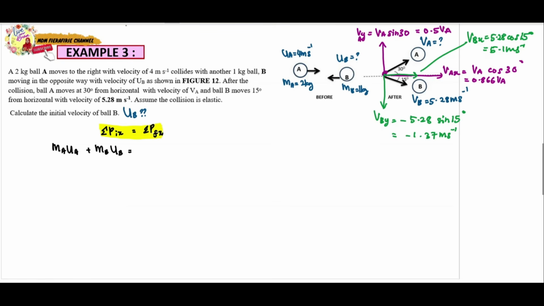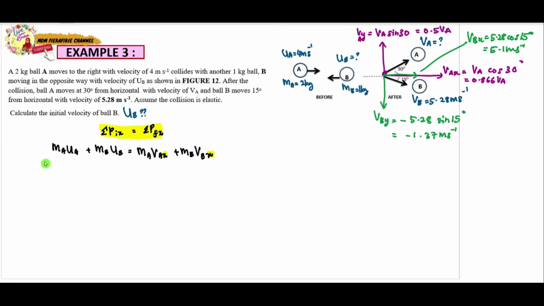Okay, so now back to the equation for conservation of momentum. Okay, so final momentum in X component kita ada MAVAX. Saya suka tulis yang kecil ini. So saya tahu ini merujuk kepada X component. Okay, plus MBVBX. Same goes to this one. Okay, so now we can substitute all the values yang kita dah ada.